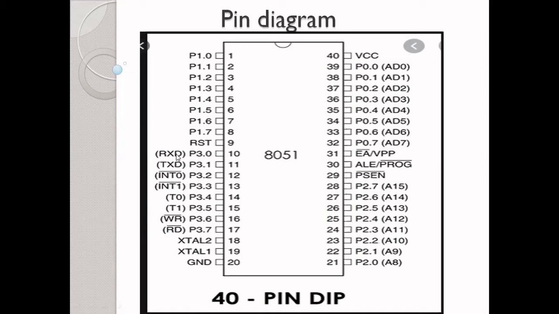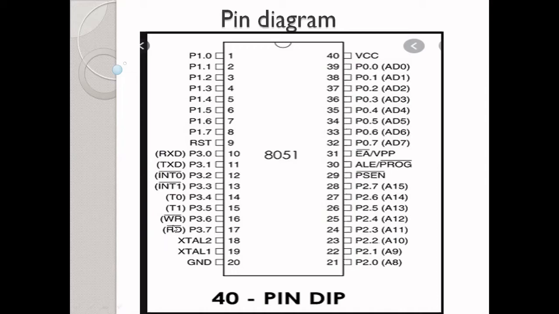If you want to receive data from microcontroller 2, that is called the receive pin. Receive means it will receive the data using serial communication. Transmit means it will transmit the data using serial communication.